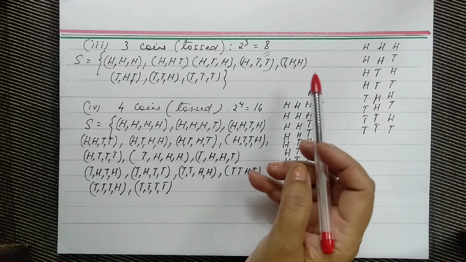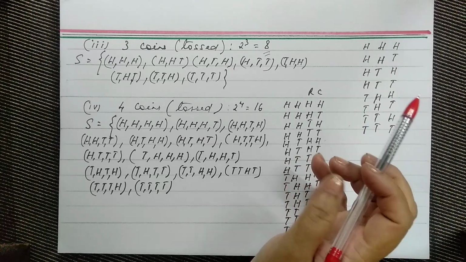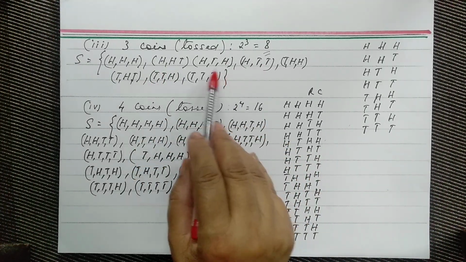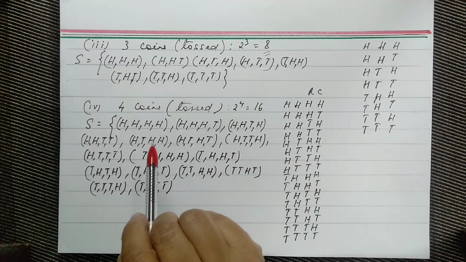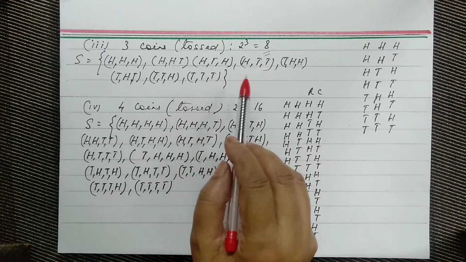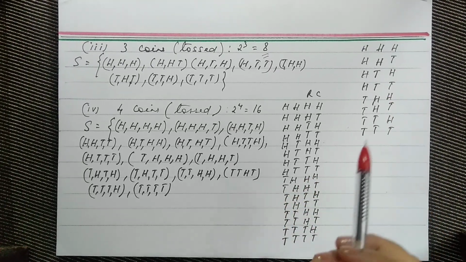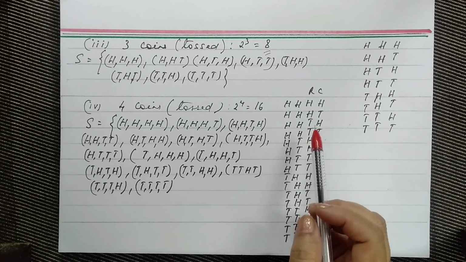So now we are in a position to answer any questions that come from this sample space, which I am definitely bringing soon after uploading this video. So keep track.